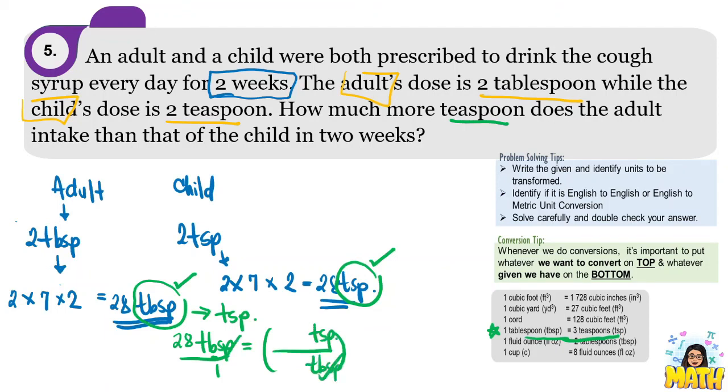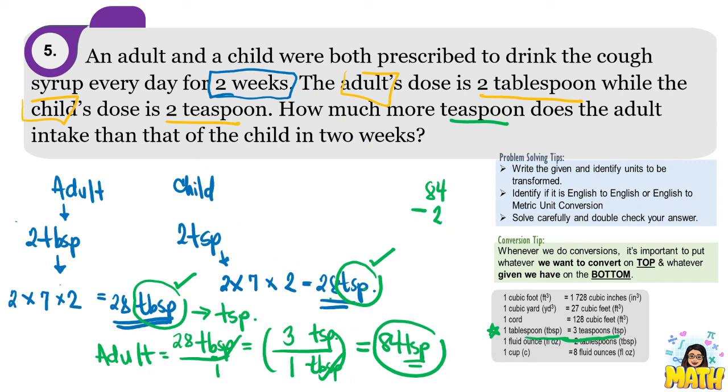So again, 1 tablespoon equals 3 teaspoon. 28 times 3 is 84. So this means that the adult drinks 84 teaspoon compared with the child 28 teaspoon. By how much more? So 84 minus 28, that will give us 56.